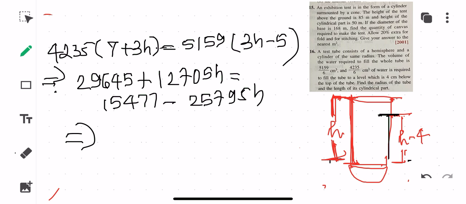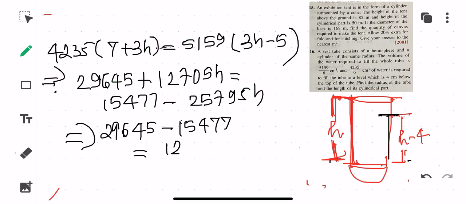So minus this, so you will be getting what? 29645 minus 15477 is equal to 12705h and then plus 25795h. Okay, so this is going really somewhere else, children.